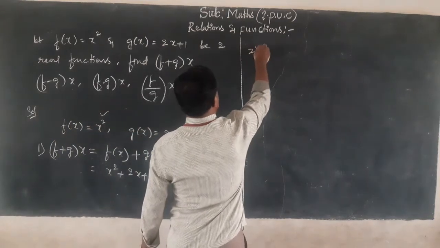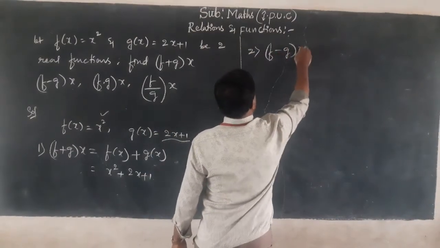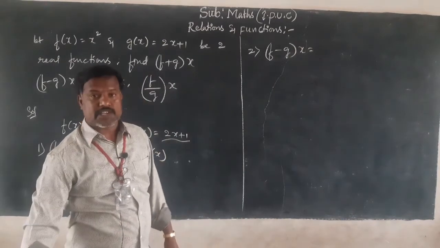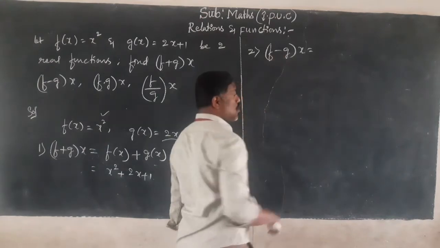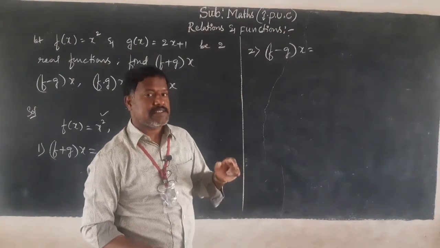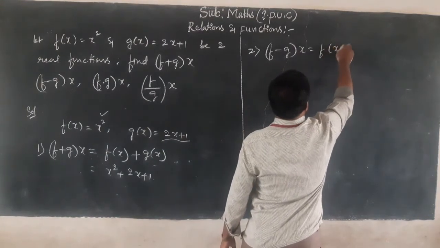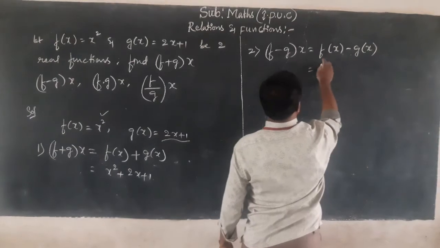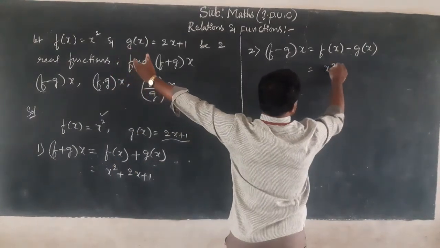Next, the second one is f minus g of x. Children, the value of f minus g of x is nothing but f of x minus g of x. F of x value is x square.